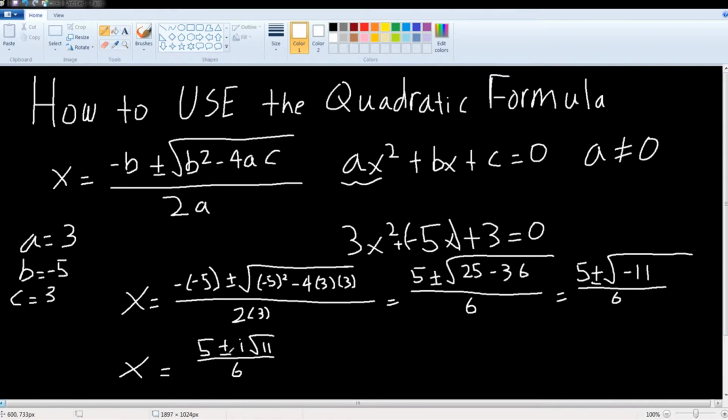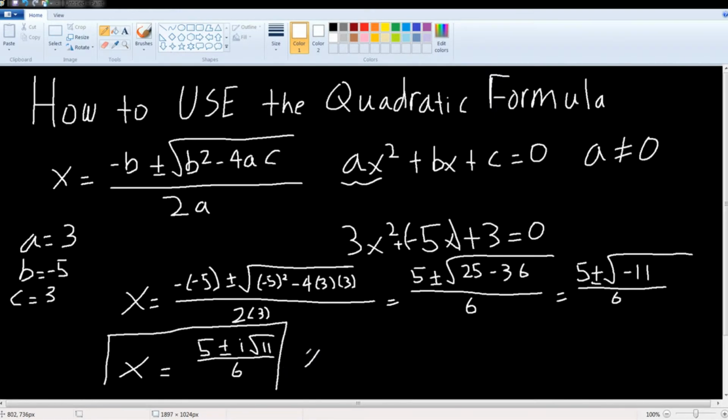Now, with any quadratic equation, you should have two answers. Why? Because of this plus or minus. So in general, you can leave the answer like this: x equals 5 plus or minus i times the square root of 11 all over 6. Or you could write it out completely differently, in which you'll write out both answers.